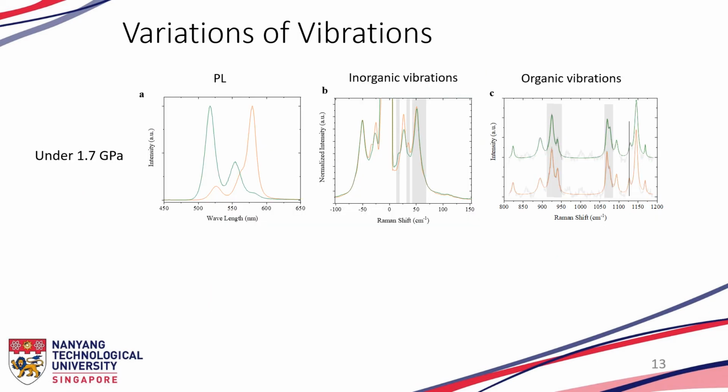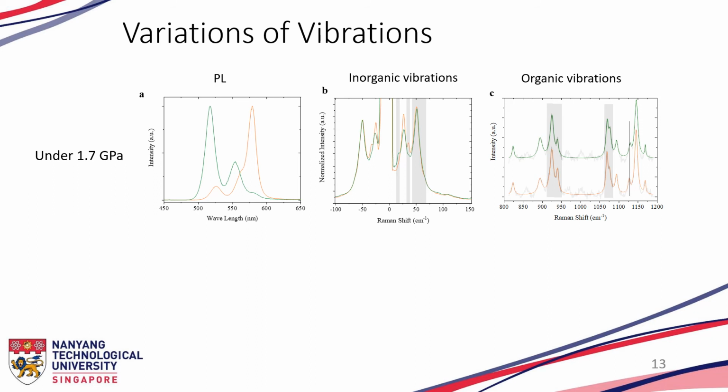We assumed that the different optical properties were caused by differences in the crystal structure. To test this hypothesis, we performed Raman spectroscopy. In this slide, you can see PL measured from 2 domains with very different properties, shown in green and orange lines here, and the Raman spectra from these 2 corresponding domains.